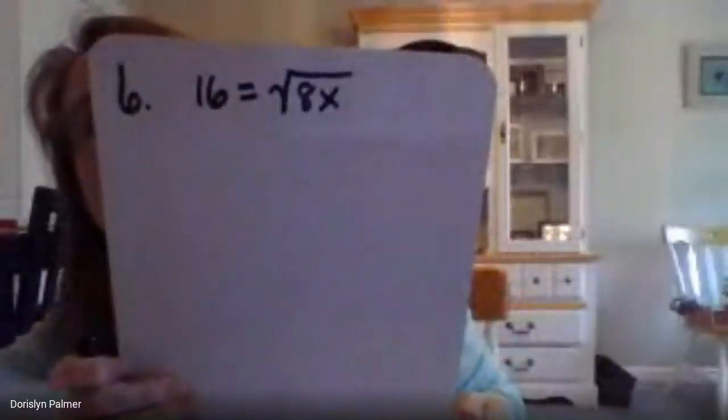I did 16 equals the square root of 8x. Then you just square both of the numbers, and it's 256 equals 8x.